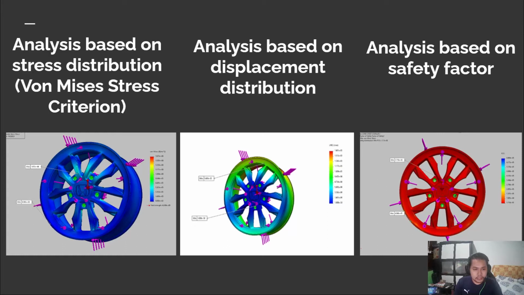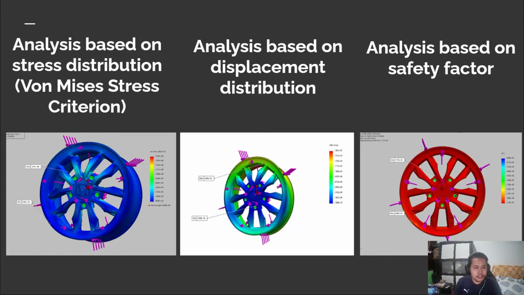The maximum stress is on the central spoke, with 1672 kilopascal. Since our selected material for the rim, alloy steel, has a yield strength of 920.4 megapascal, which is larger than our maximum stress, this rim will not fail.